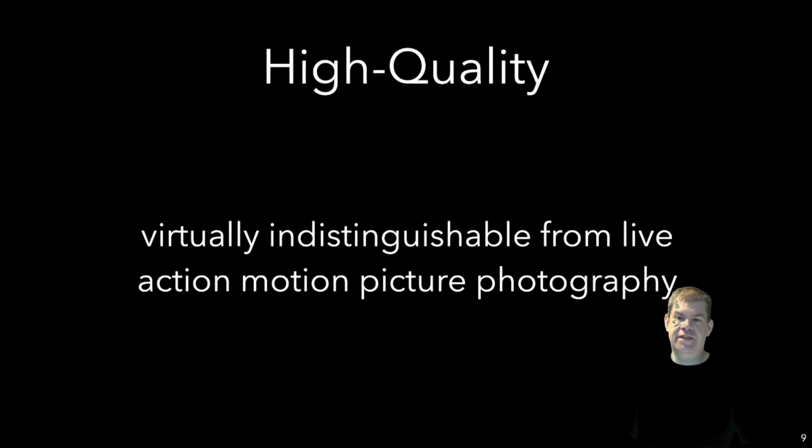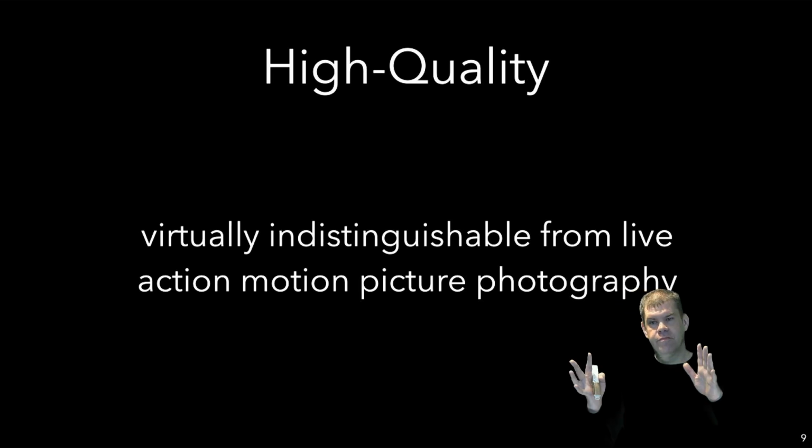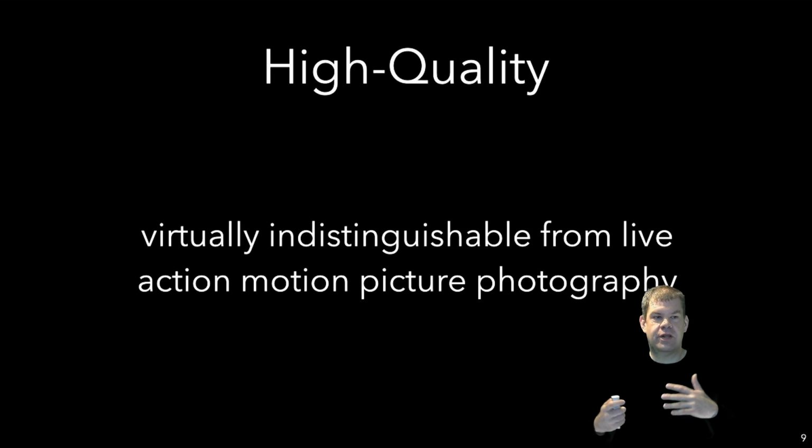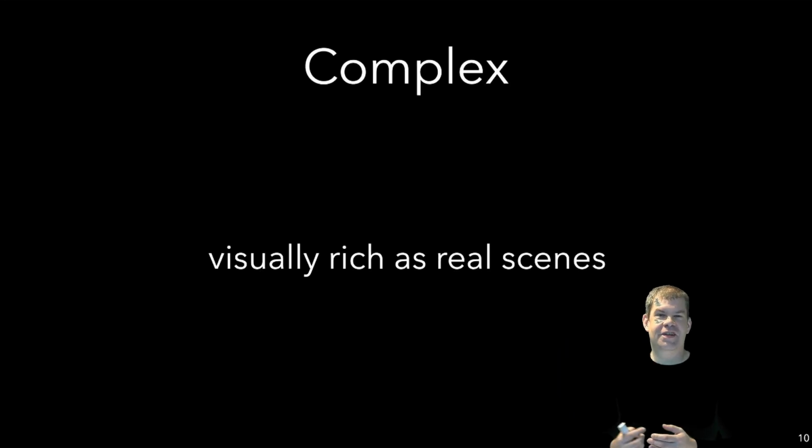Anyways, that's fast. What's high quality? That's also defined in the paper, and it says it should be virtually indistinguishable from the real thing, from real action motion picture photography. So, okay, we want photorealism in short, and we want this in a year. Now, another term that showed up in the initial definition was complex. So what does complex mean? It's also a funny definition. It's fairly short.